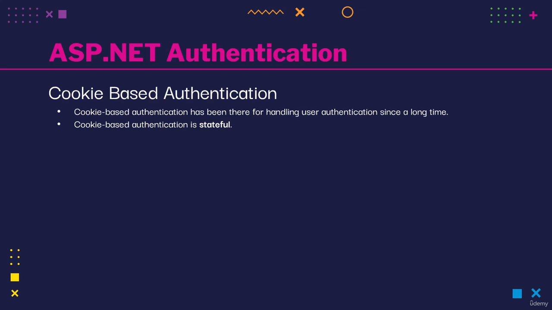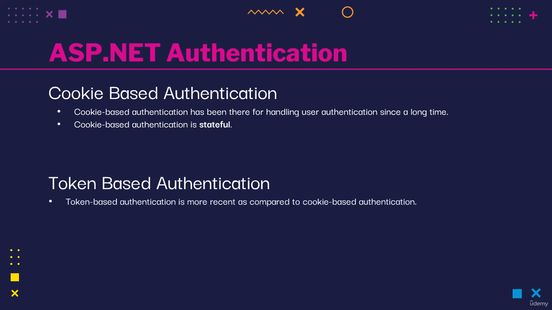Next one, on the other hand, is token-based authentication. Token-based authentication has gained prevalence over the last few years with the rise of single-page applications, web APIs, and Internet of Things. When we talk about authentication with tokens, we generally talk about authentication using JWT, which stands for JSON Web Tokens.